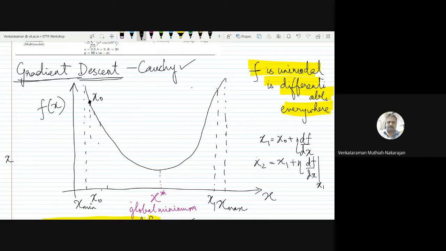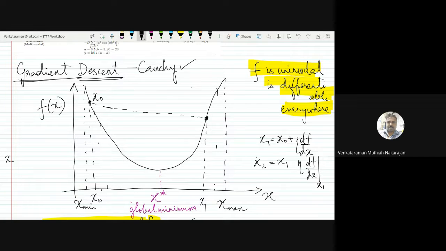Your landing place will be somewhere here, which will be our x1. And this is not a bad landing place. And if you apply the Cauchy algorithm one more time, now it will no longer be plus, it will be minus for x2.